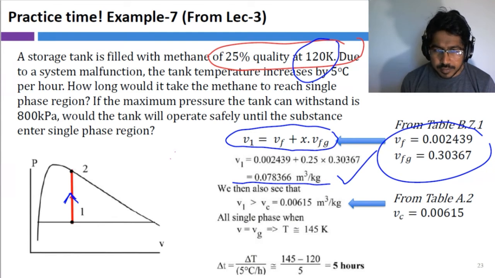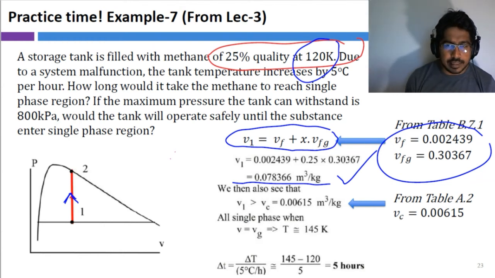Okay, so this is just using the property tables to find the properties at the initial state, right? So up to that point, it's what we have already done.